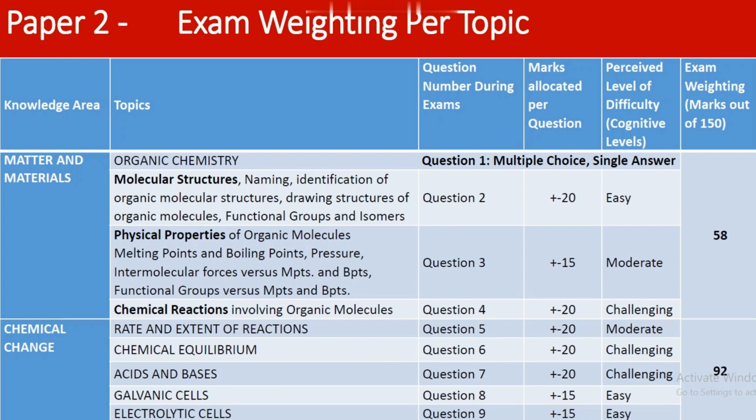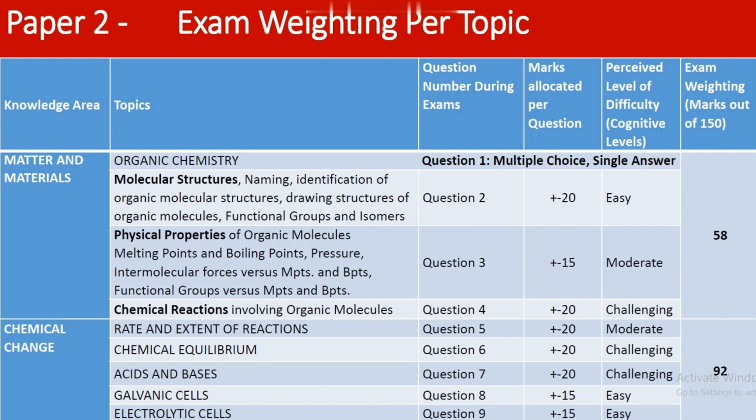Chemical equilibrium is considered to be challenging. I think most people find it a bit challenging because there is a lot of mathematics involved, a lot of stoichiometry, a lot of ratios. So you need knowledge of ratios and stoichiometry to answer chemical equilibrium, which normally comes in 3 forms, which we will explain again in terms of specific examples in the coming sessions.